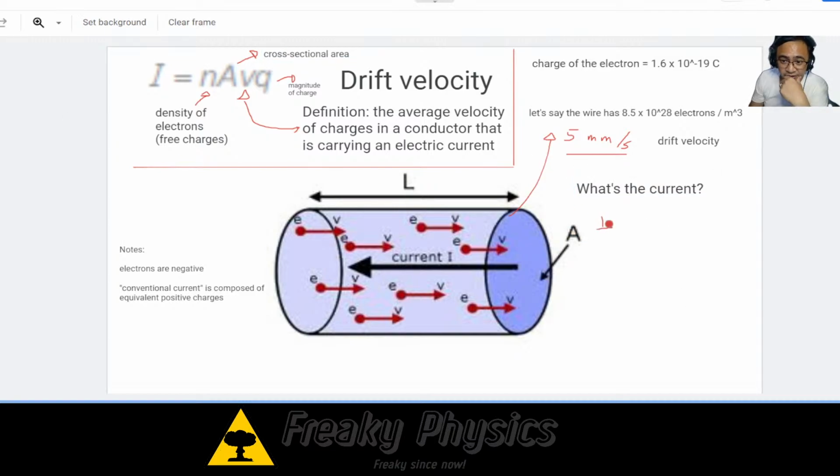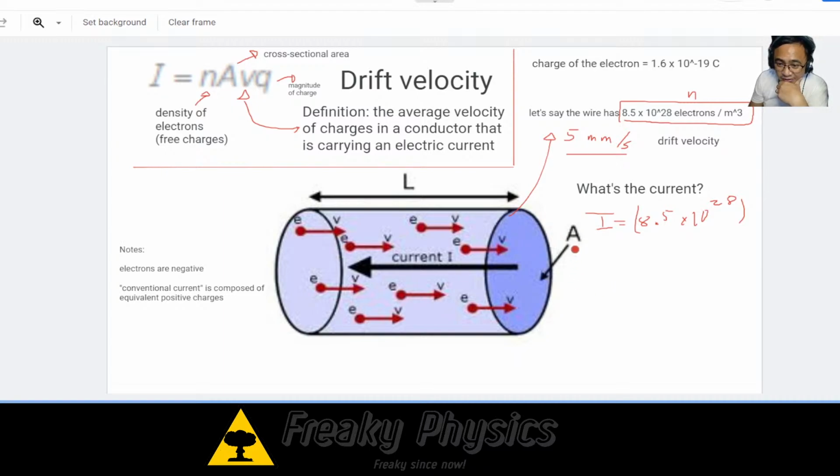So the current will be equal to the density of the electrons, N. I already gave you this. This is 8.5 times 10 to the 28. We will multiply that by the cross-sectional area. We didn't give that value just yet, right?